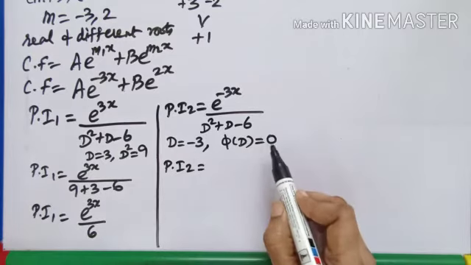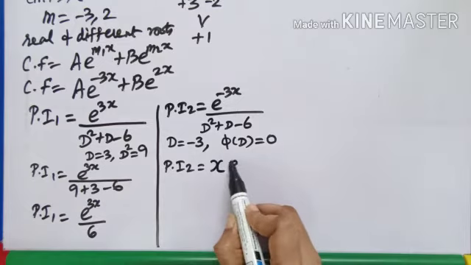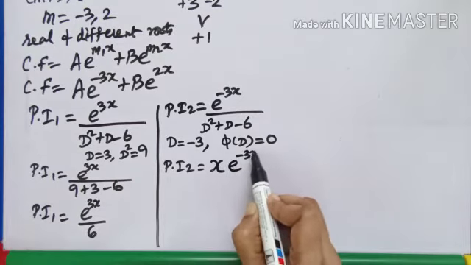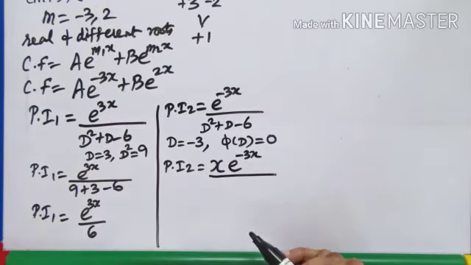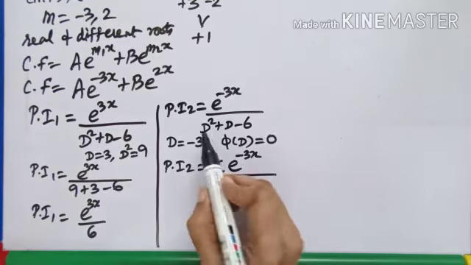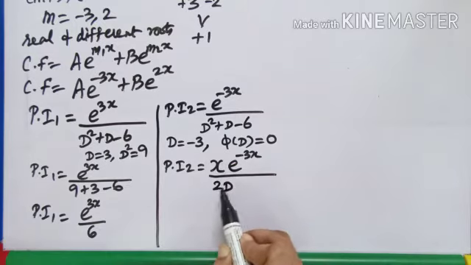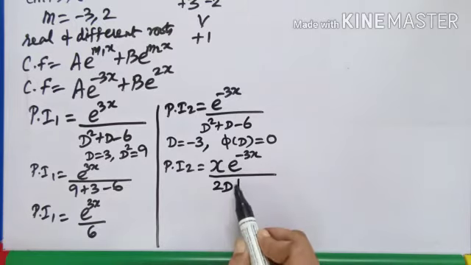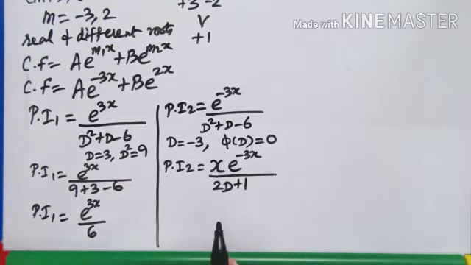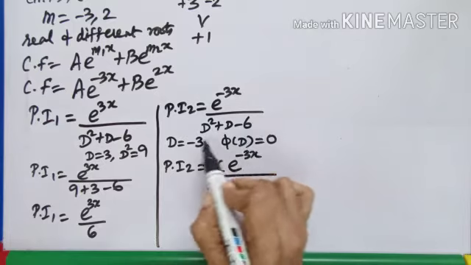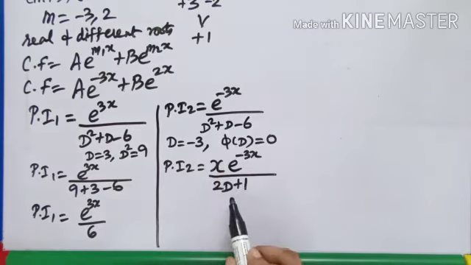Whenever the denominator becomes 0, put x in the numerator, write the given function divided by, differentiate the denominator. So what is the denominator? D square. If I differentiate, it is 2d. D will become 1, minus 6 will become 0. So remember, whenever the denominator is becoming 0, differentiate the denominator.